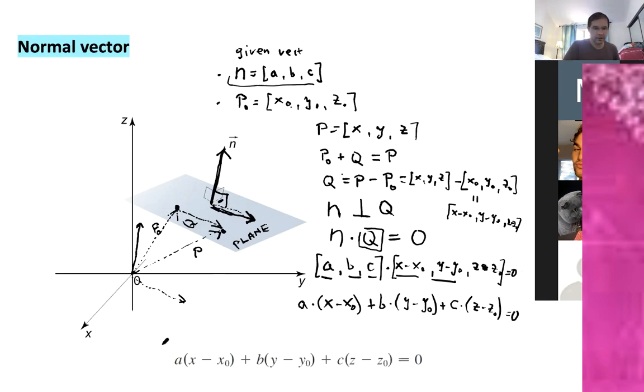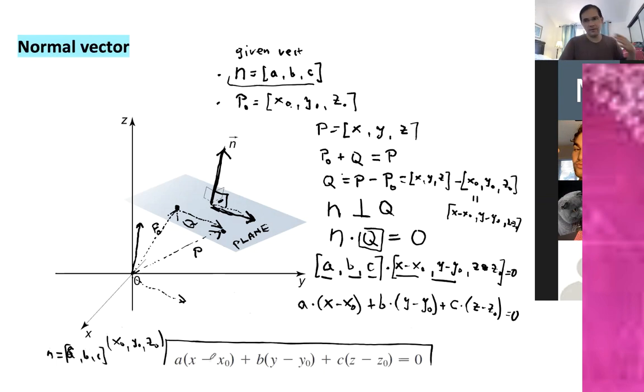That's exactly the equation of the plane that goes through the given point x0, y0, z0. Not only that, the normal vector to this plane is n equals (a, b, c).